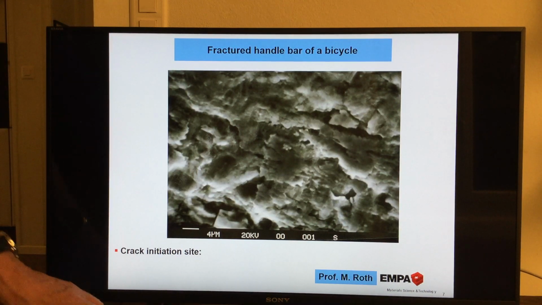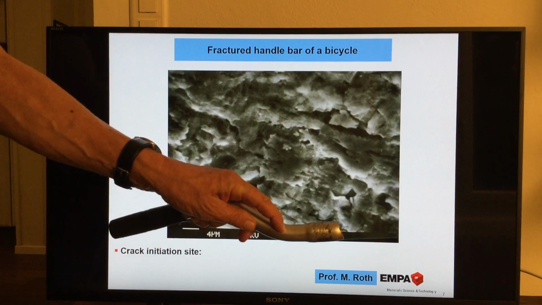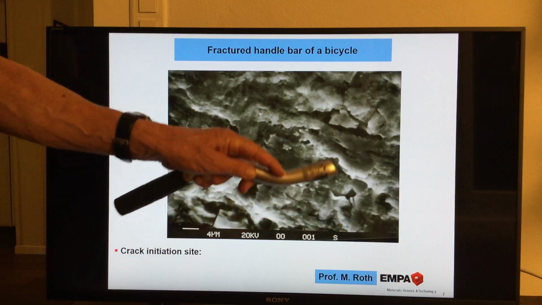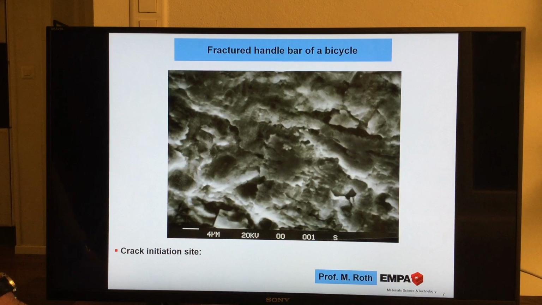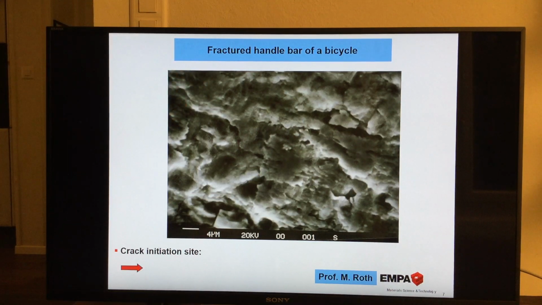Normally when you have an aluminium tube like this, the surface is nice and shiny, and here it's quite rough. So that already tells us there was most probably, we come back to this later, a sort of movement between two materials. We will see where this is coming from. This is important to keep in mind.